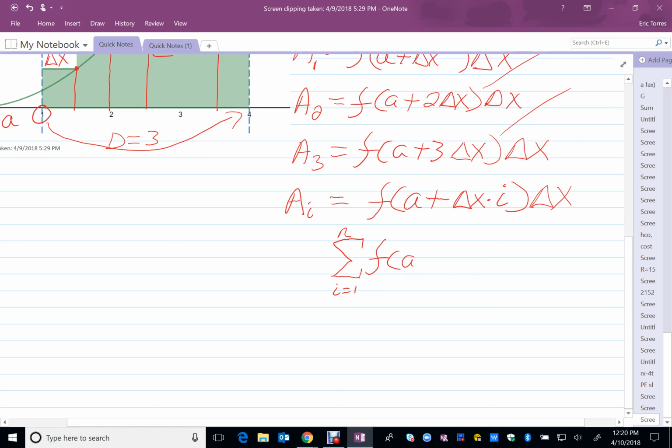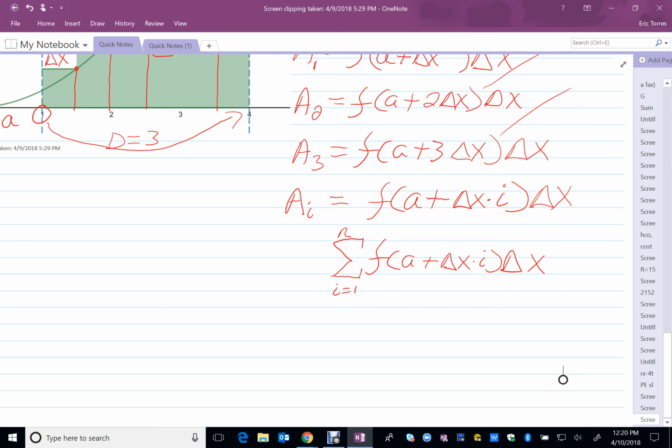Each rectangle's height times its width could be properly represented by this for a right-hand sum of exactly n rectangles.